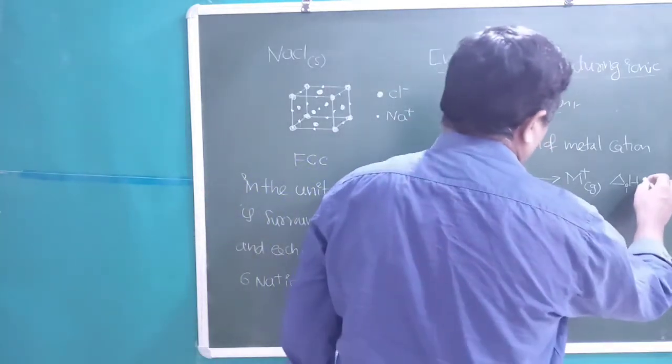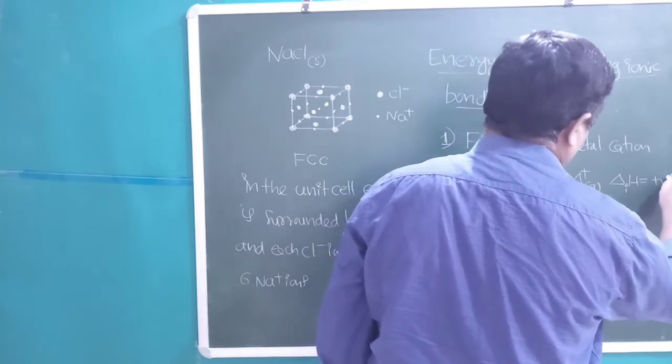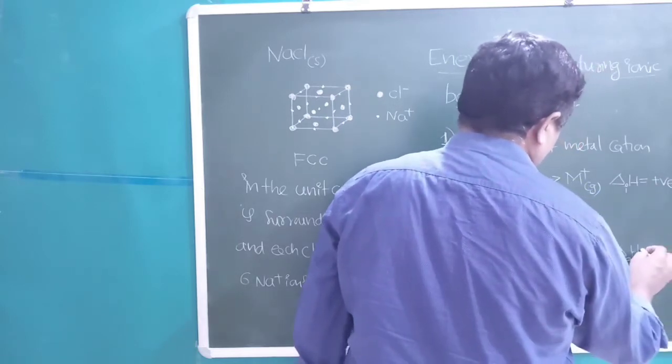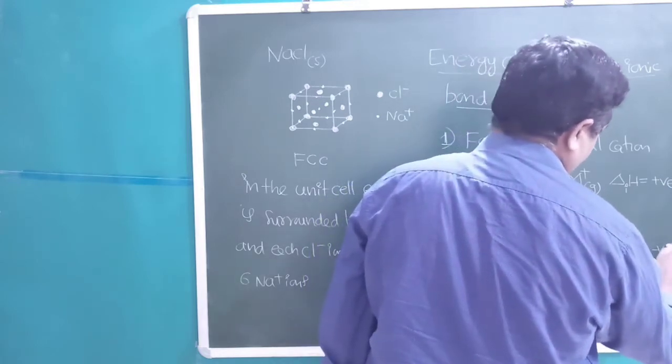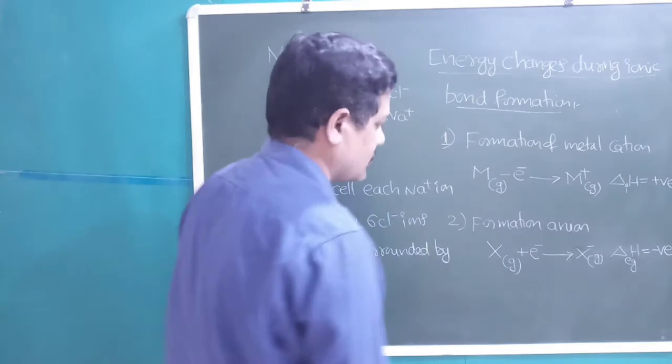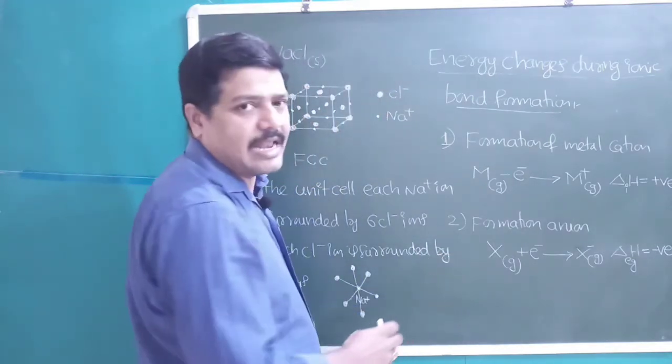Ionization enthalpy is endothermic, so it has a positive sign. Here energy is released, exothermic, which is indicated with the minus sign. And the third change is lattice energy.